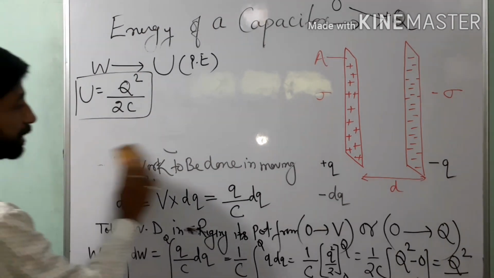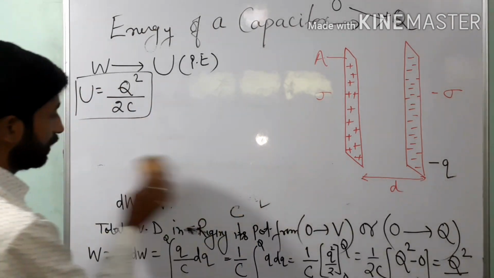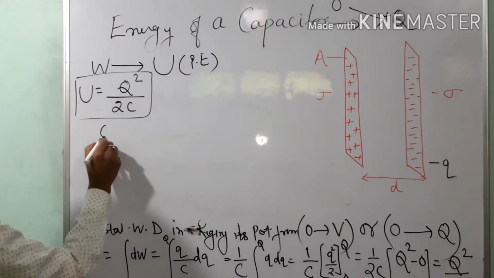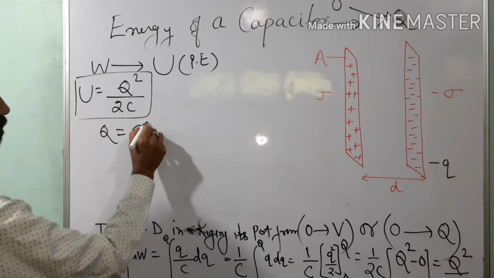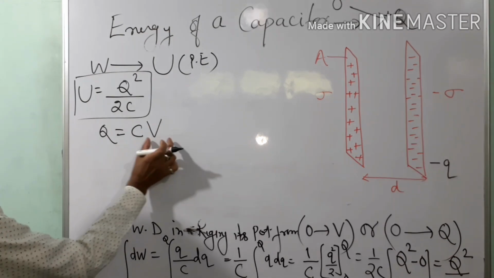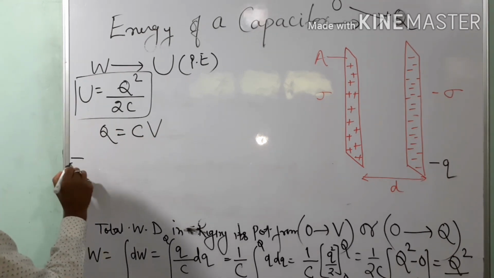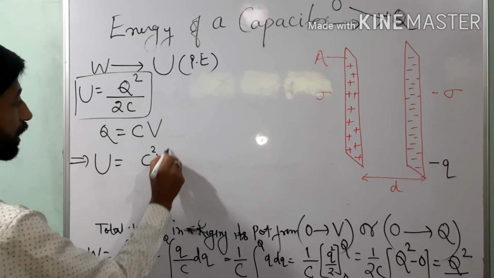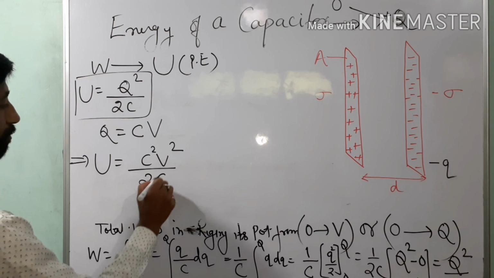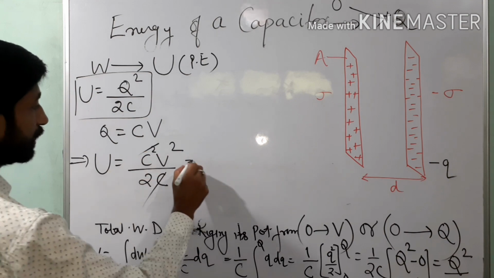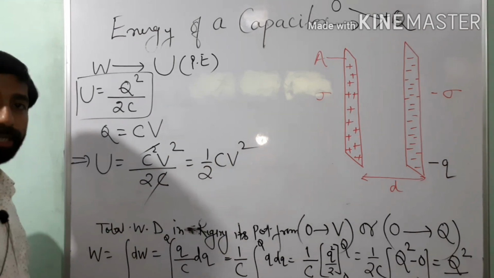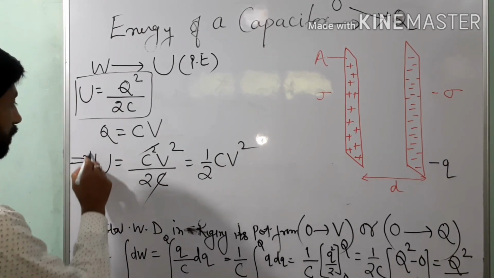Now we shall split this equation into two more components. We know that Q is equal to C into V, that is capacitance into voltage. So the total energy is equal to C square V square over twice C. One C is cancelled out, that is half C V square. These are simple.